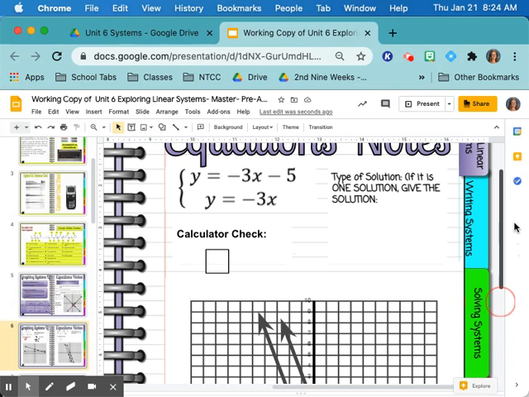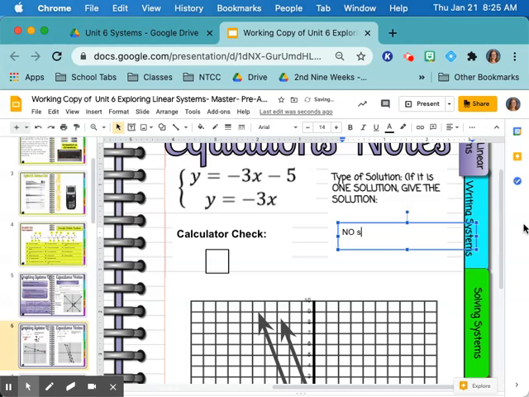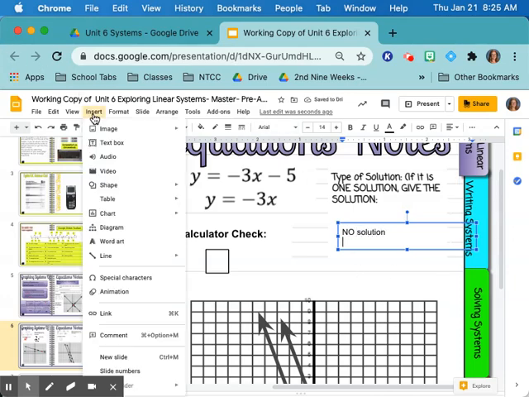Okay, so type of solution, if there is one, there is no solution. You can also do the 0 with the slash through it. I wonder if we have that on our symbols.